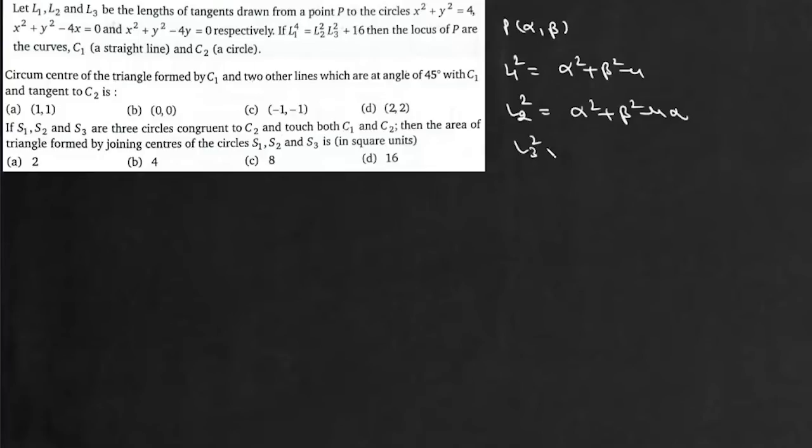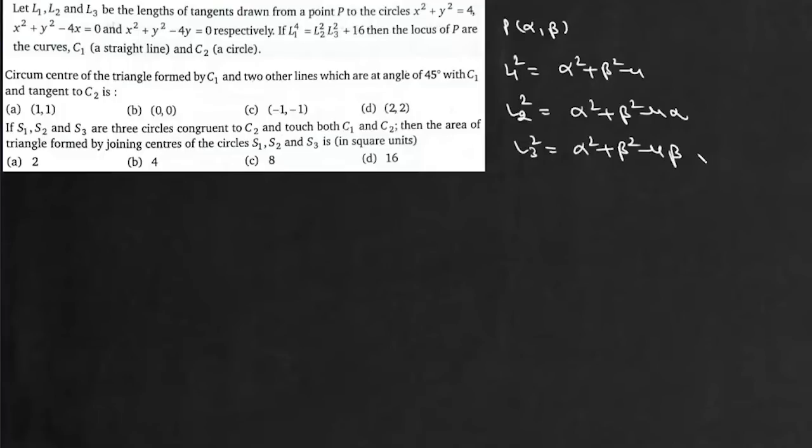Now suppose this point P is (alpha, beta), then we know that L1 square will be alpha square plus beta square minus 4. L2 square will be alpha square plus beta square minus 4 alpha, and L3 square will be alpha square plus beta square minus 4 beta.